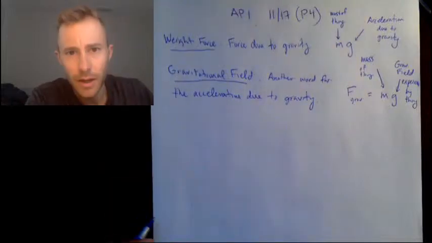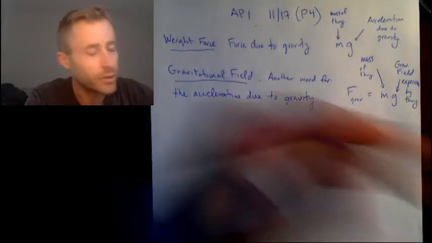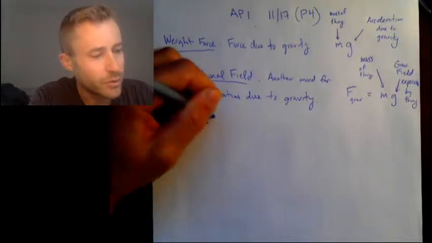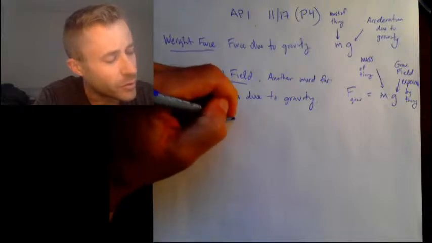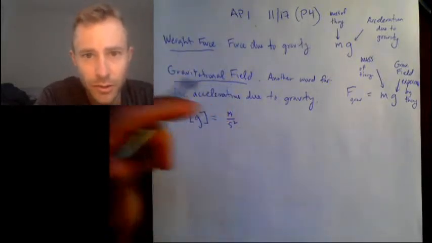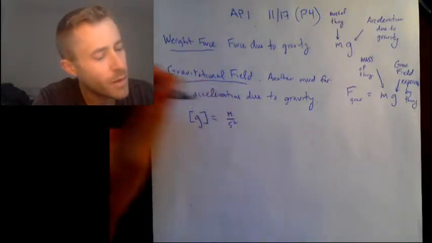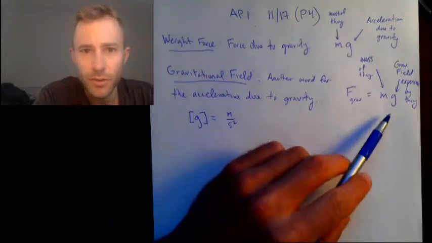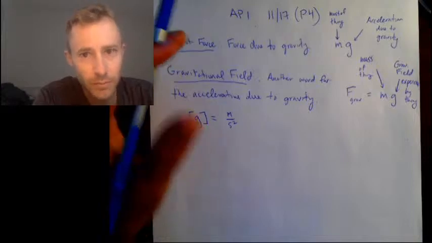Okay, now generally speaking, the units of acceleration due to gravity, well, because it's an acceleration, they were meters per second squared. So we said Earth has an acceleration due to gravity of 9.8 meters per second squared. But when we're talking about gravitational fields, we use an equivalent unit, okay?